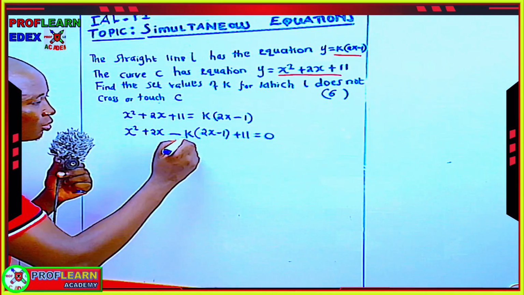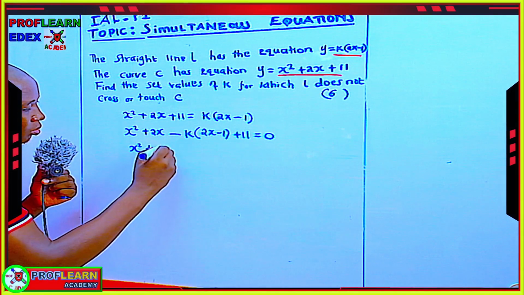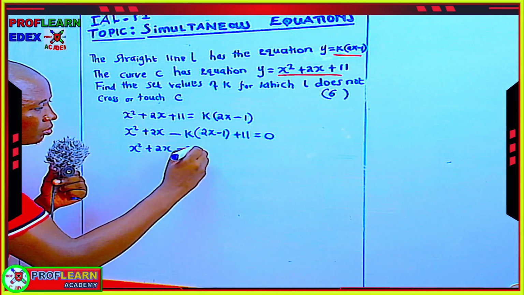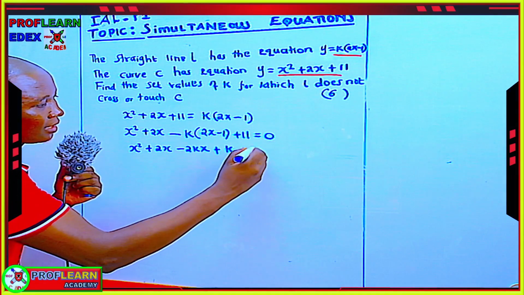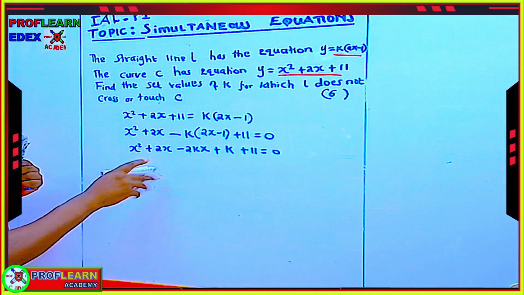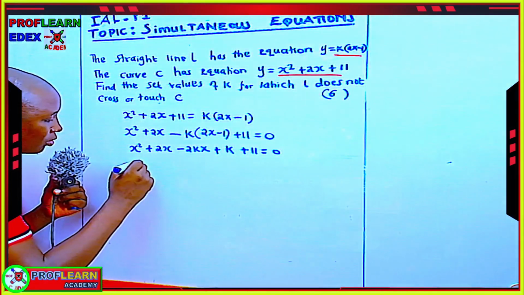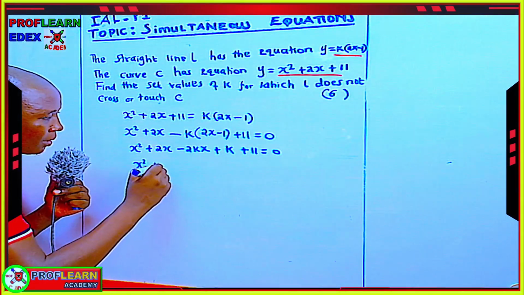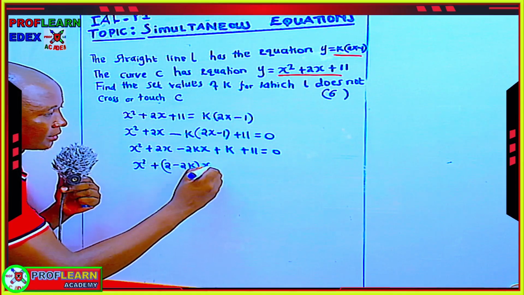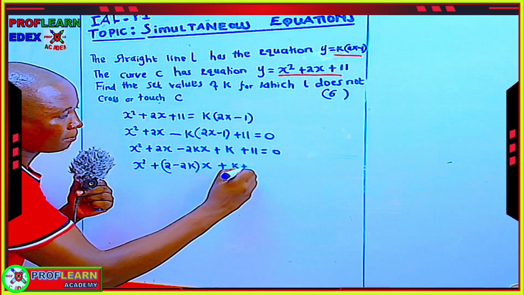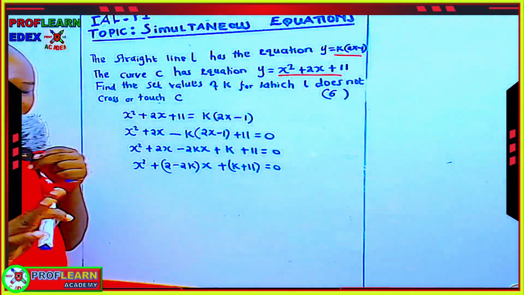Once you have done that, you can open this bracket, and we shall have x squared plus 2x minus 2kx plus k plus 11 equals 0. We can put the like terms together, those with x, and this is going to be x squared plus (2 minus 2k)x plus k plus 11 equals 0.